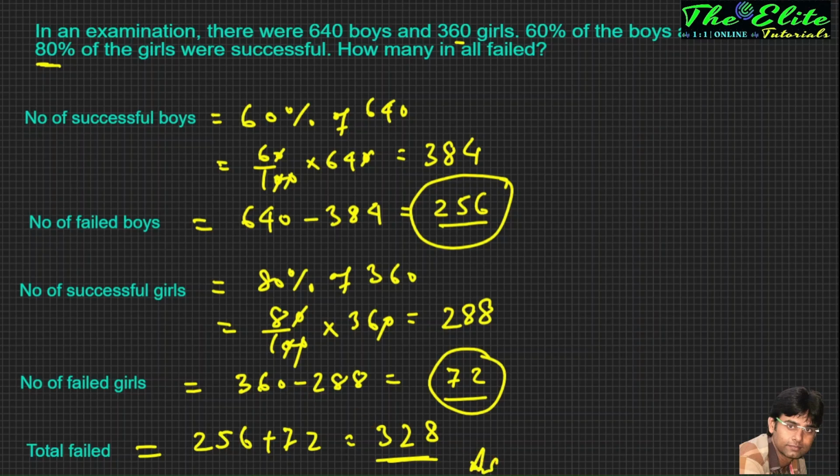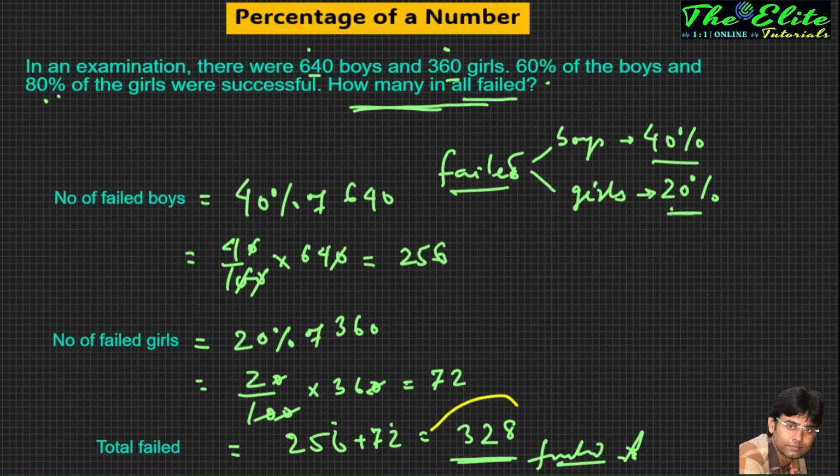We can check whether the answer from the first method is matching with this answer. Yes, it is matching with the previous answer which we got in a different way of solution.